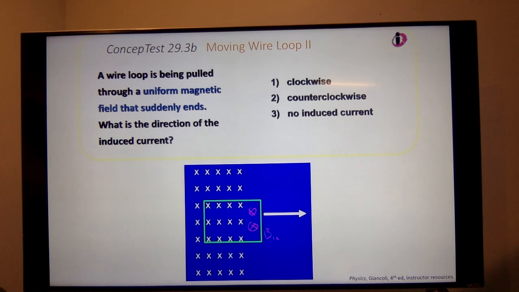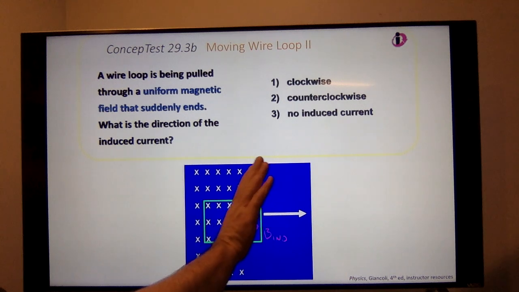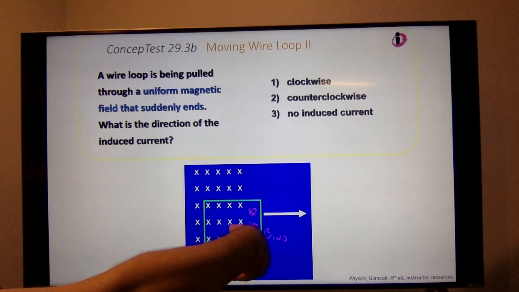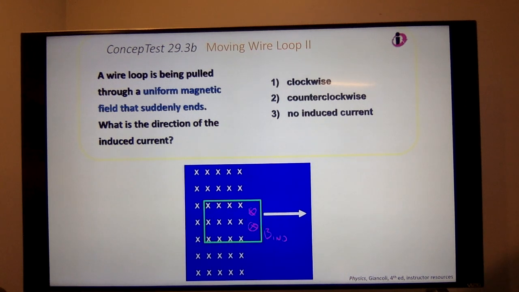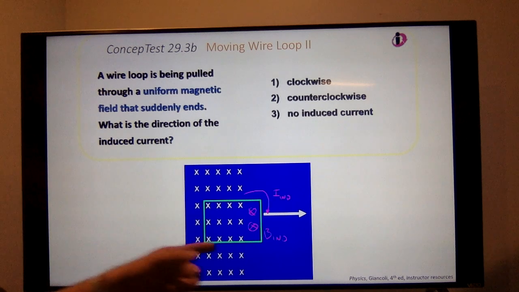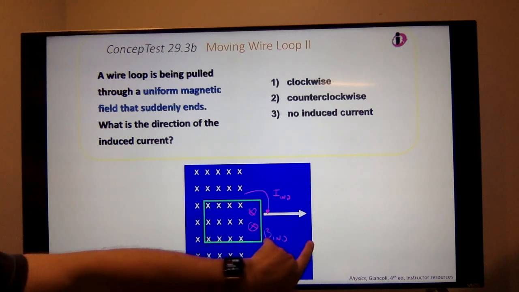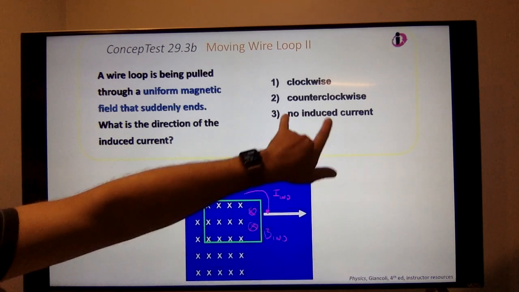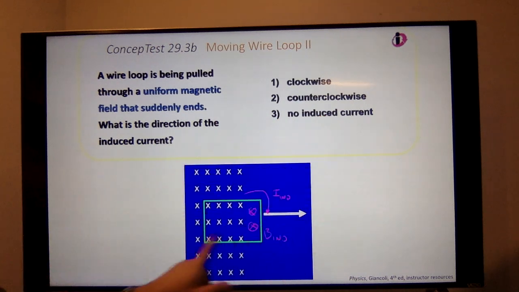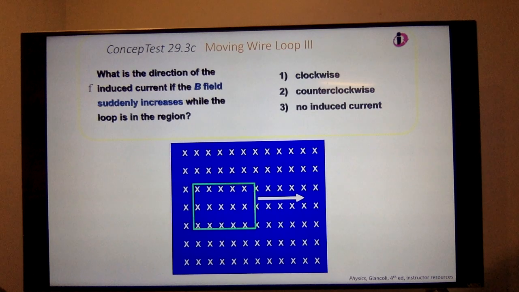So this is B induced to try to keep the magnetic field that's there, which means that the induced current will go around clockwise, I induced. And that's not going to last for very long, because as soon as it gets out of the field, now all of a sudden it's going to be a constant nothing, which it's going to drop to no induced current. So just while the change is happening, do you get an induced field and induced current?